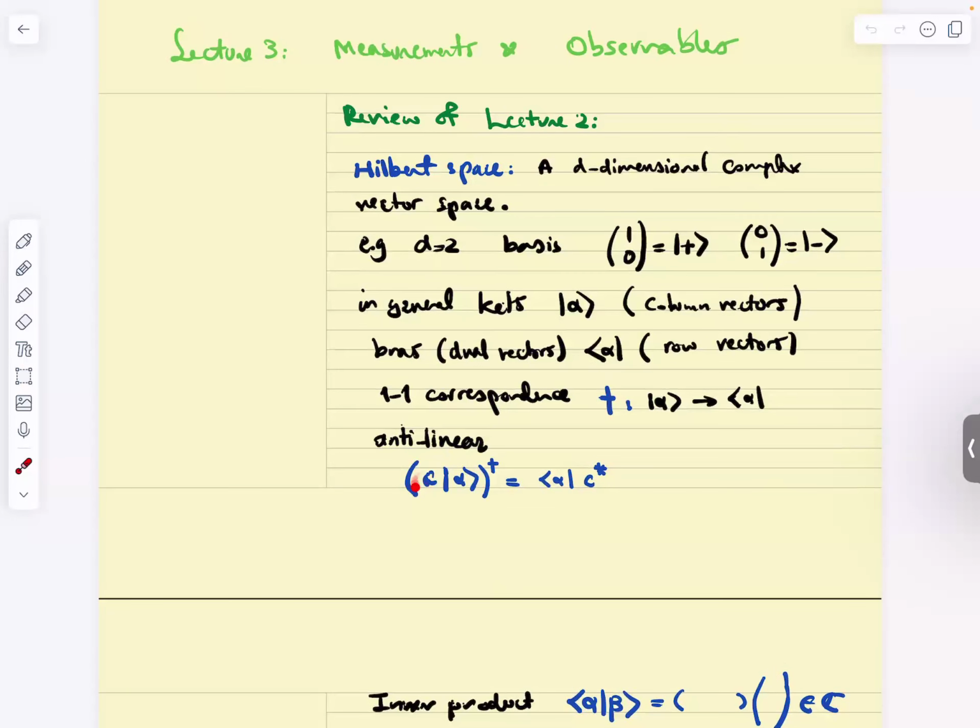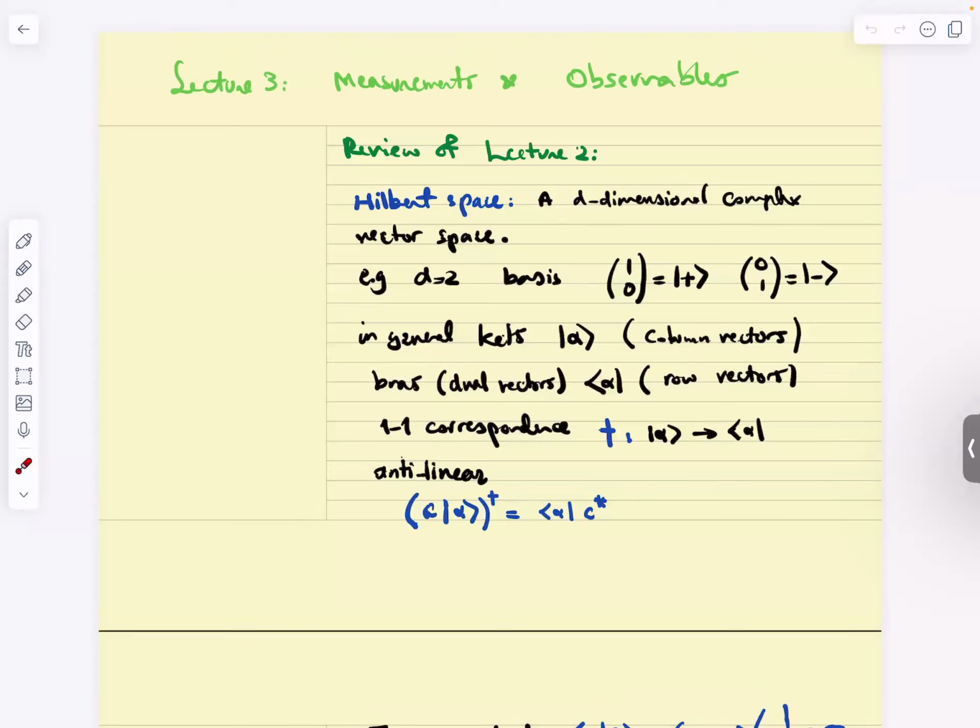So for instance, if you have some complex number C acting on the vector ket alpha, the dagger of that, the complex transpose or Hermitian transpose, I forget what they call it, is bra alpha C star. C is just a complex number, and this is the complex conjugate of it, right?